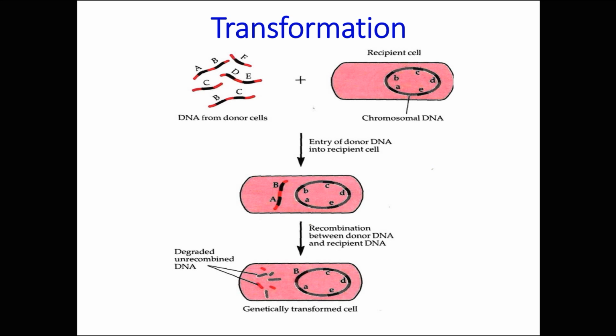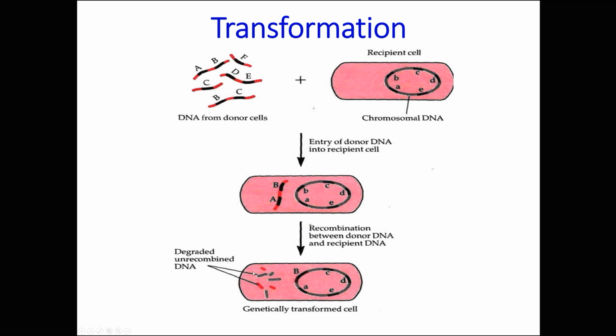Transformation. If you look at the picture, we have donor, free DNA, and recipient cell containing chromosomal DNA. The free DNA is transferred into the recipient cell via the membrane, and we can see the recombination between donor DNA and recipient DNA.